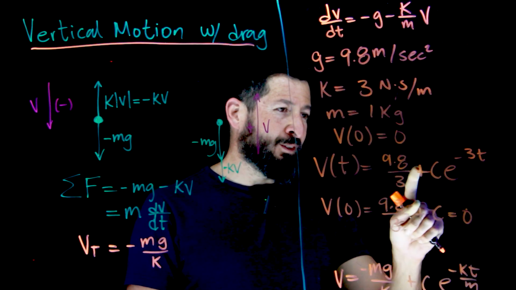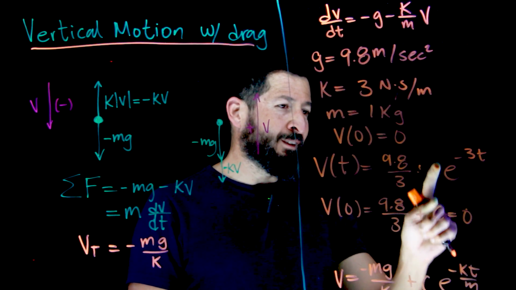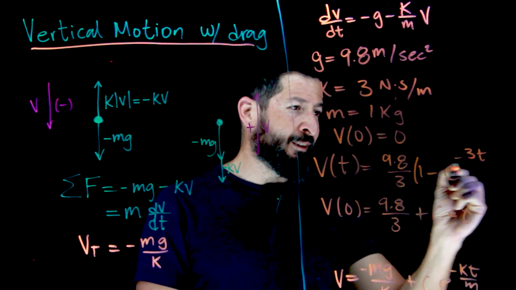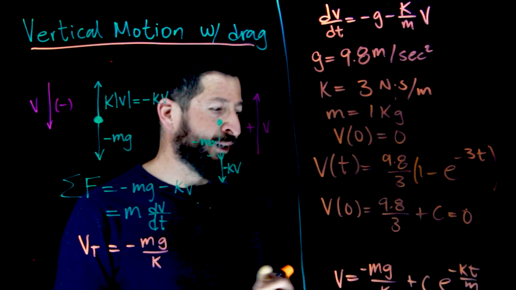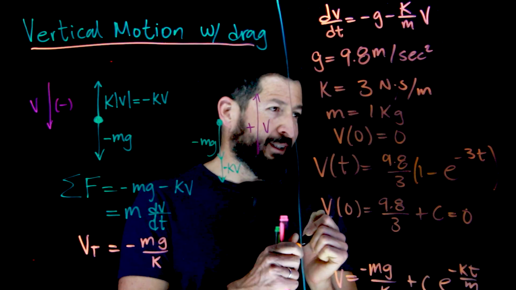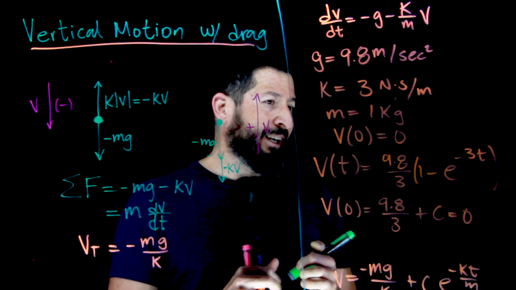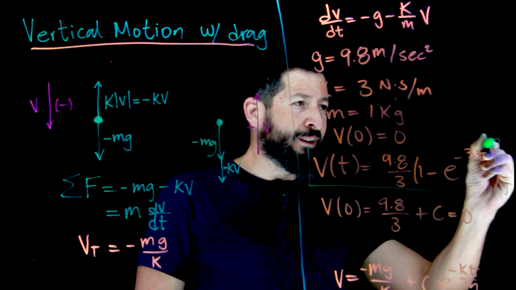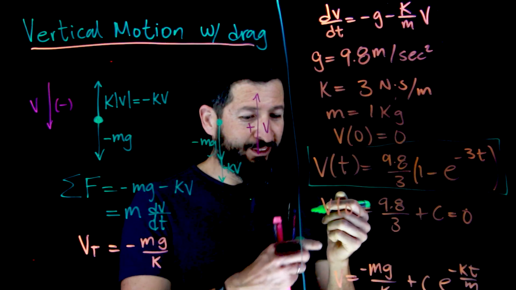And I want to do something that you're not supposed to do. I'm going to erase this one here because I don't have room. And I'm going to factor 1 minus this. And I'll get my equation for the velocity. And then as t goes to infinity, good, that was squeaky.